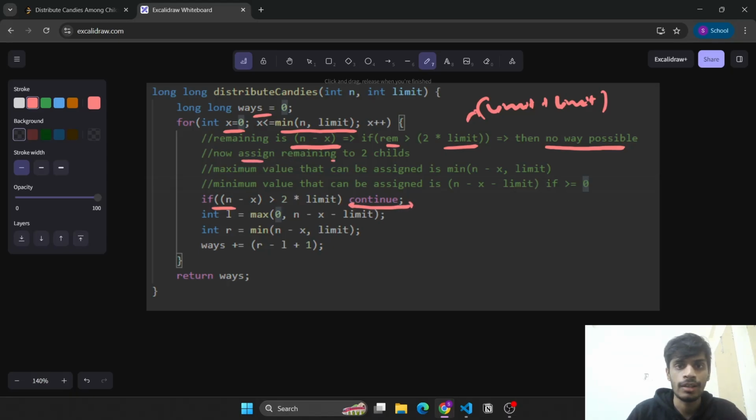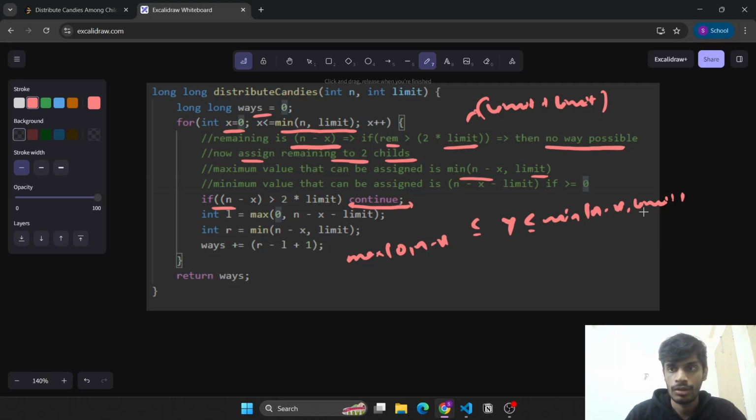Now we'll assign the remaining n minus x candies to two children. So the maximum value that can be assigned, meaning y, was ranging from minimum of n minus x comma limit, and greater than or equal to max of 0 comma n minus x minus limit.